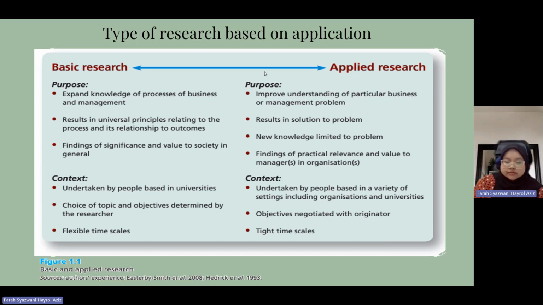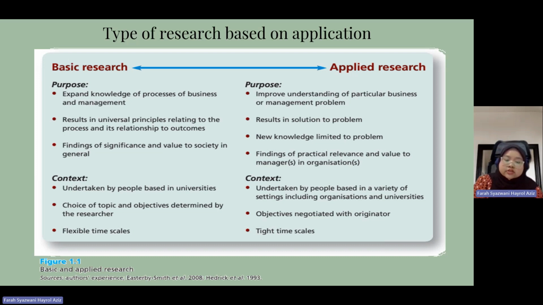As opposed to applied research, the purpose of doing applied research is for you to improve understanding of a particular business or management problem. They do research in order to find solutions to problems. New knowledge is limited to problems. As a researcher doing applied research, you will be able to find practical relevance and value to managers in your organization.